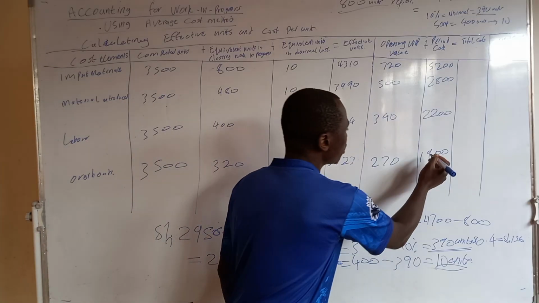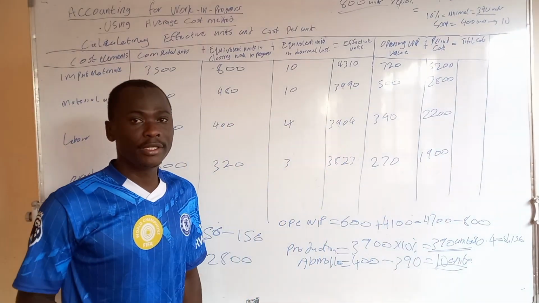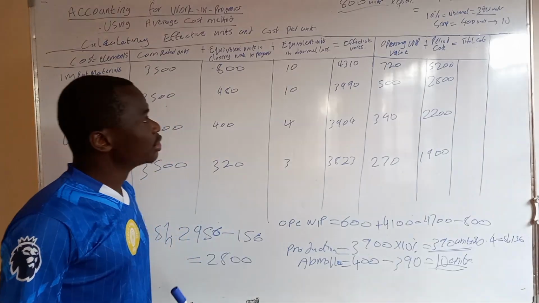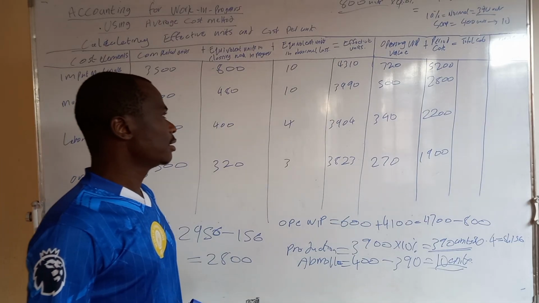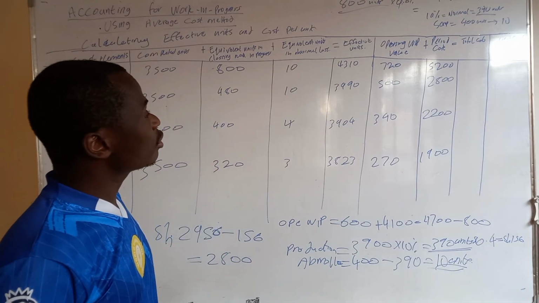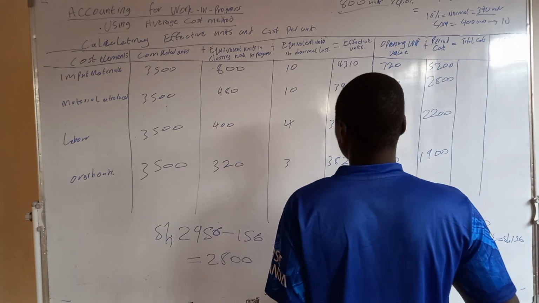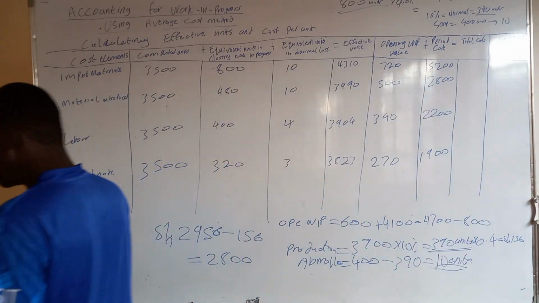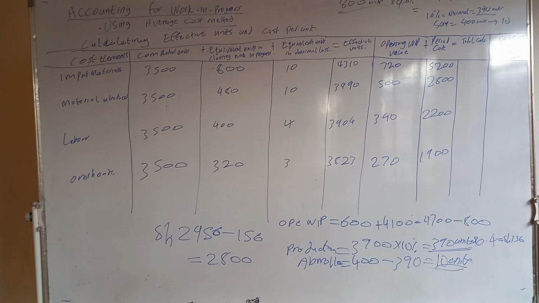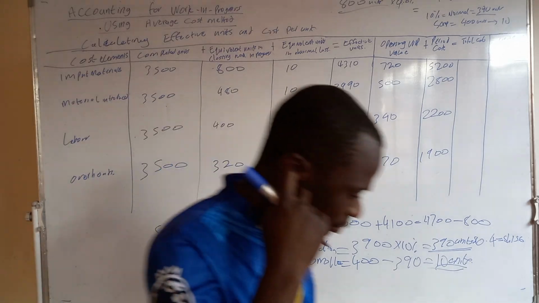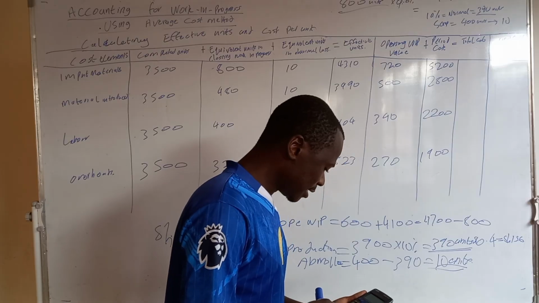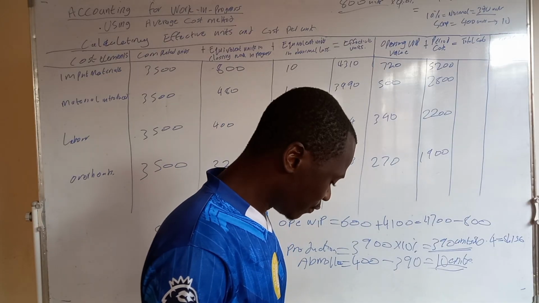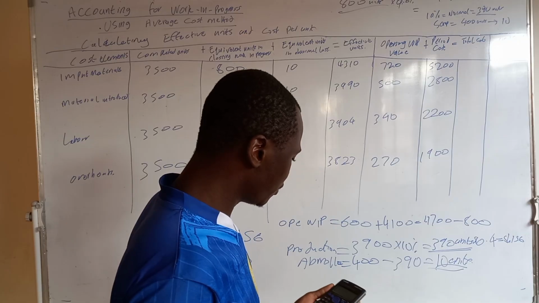Up to that point, I hope you are with me. Now we need to get the total cost. Our total cost is this plus that. We add 720 plus 5,200, that is 5,920.